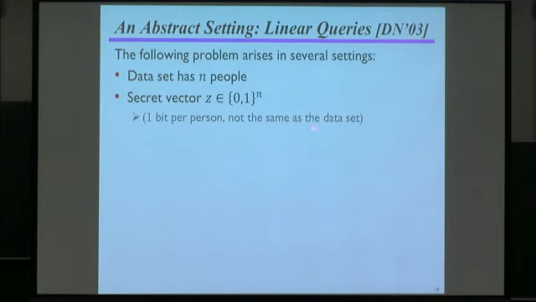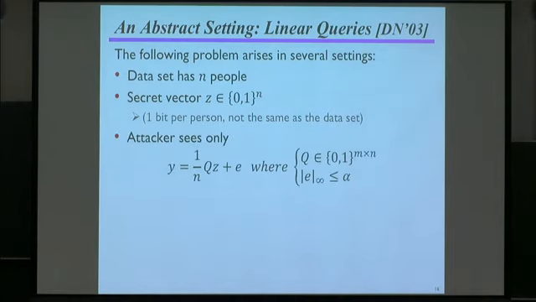The data set may have other stuff in it, but there's some target information z that I'm interested in learning. Imagine we've got an attacker who sees some noisy linear function of this vector z. There's a matrix Q, known to the attacker, whose entries we'll assume for now are zeros and ones.